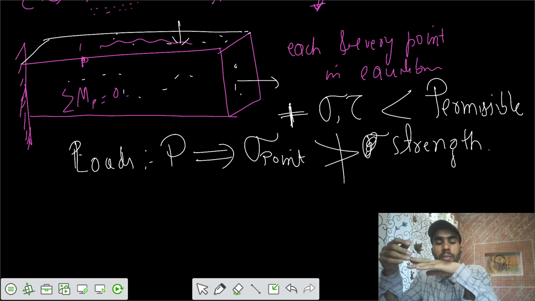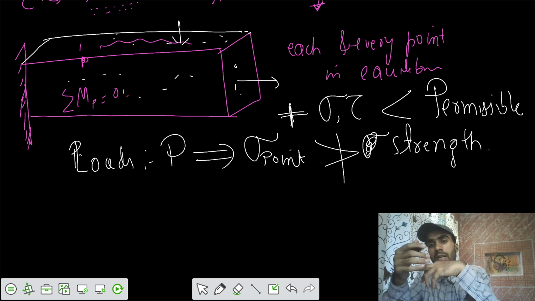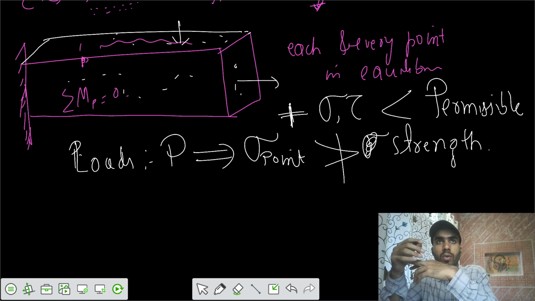So you are applying load, and because of that stress is getting developed. If the load is such that it exceeds the stress bearing or load bearing capability, we say that the load has created stress that is greater than the strength of the material.